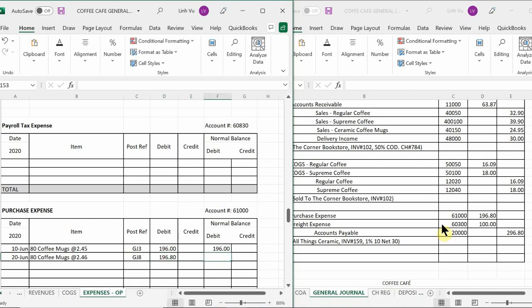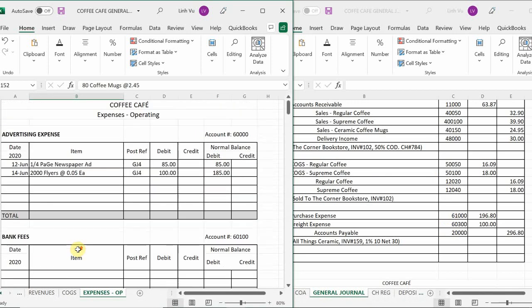So what is my total account balance in my purchase expense account? $392.80.